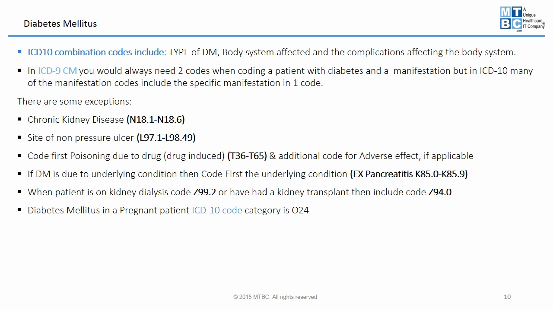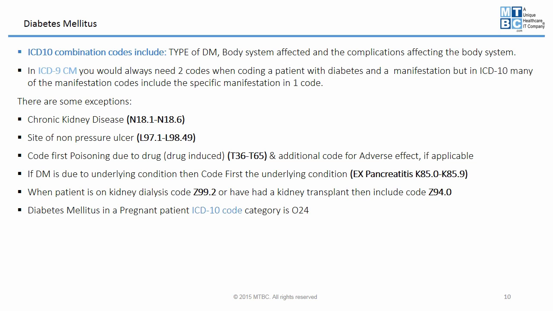So these are the exceptions. Chronic kidney disease, it will say the patient has a renal manifestation, or it will say that it has the chronic kidney disease, but it doesn't know the stage.